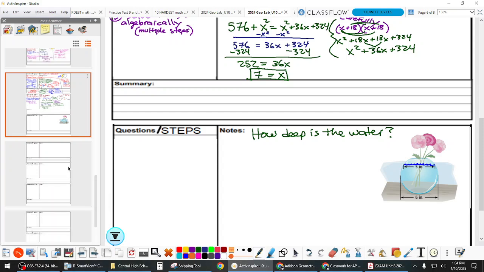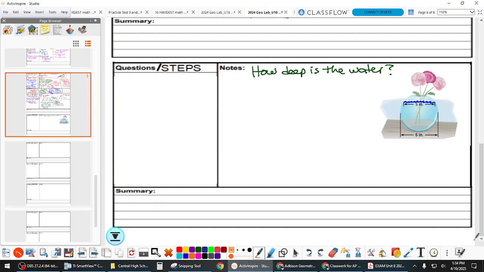All right. So put under here, this is the diameter. So what's the radius? 3.